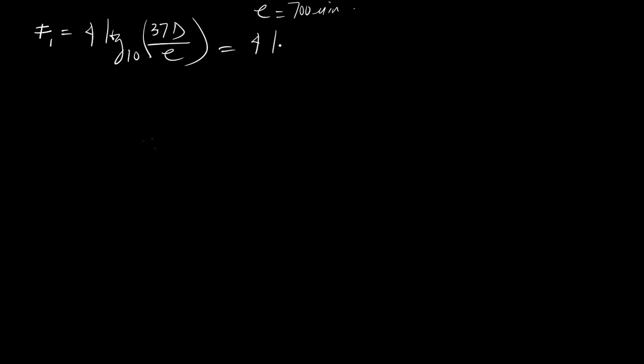So we now have 4 log of 3.7 times D1, where D1 is 13.5, divided by 700 times 10 raised to power minus 6. So this will give us what?